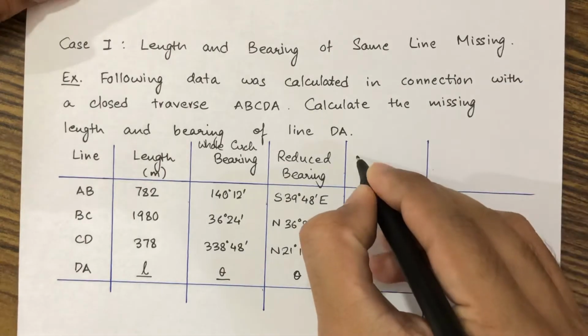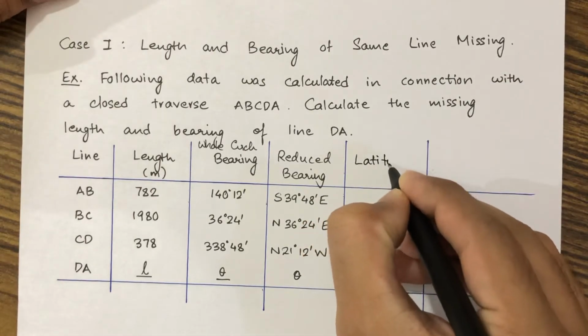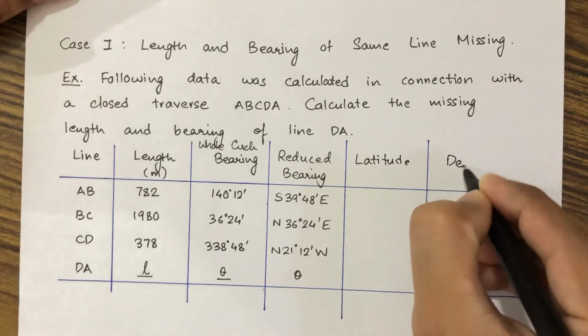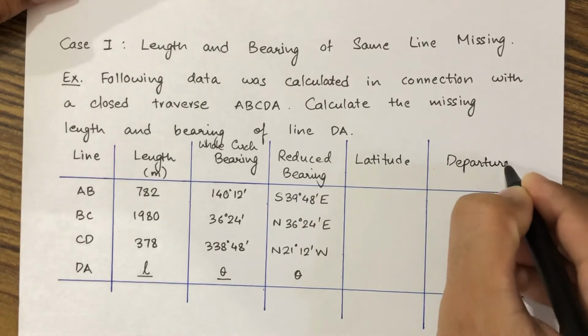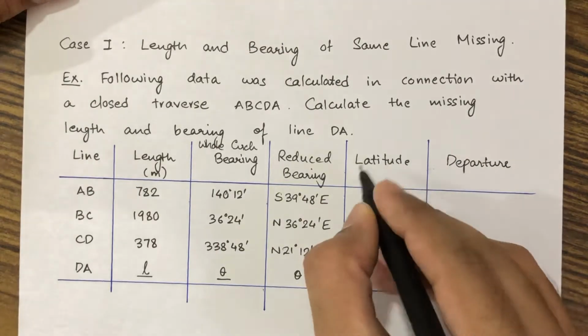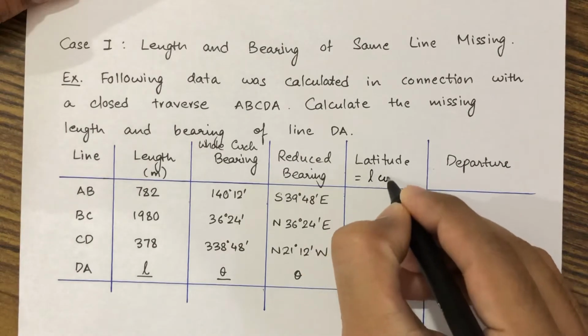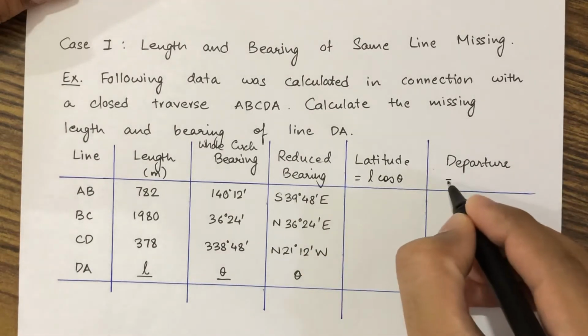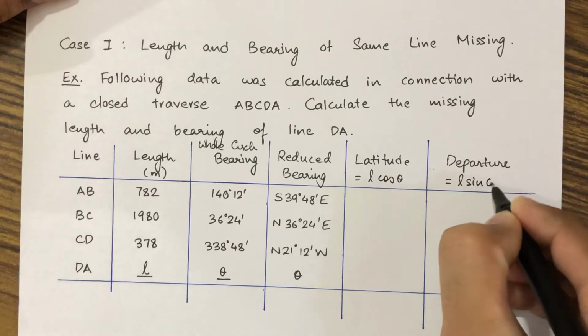Now we need to find the latitude as well as the departure. We know that latitude is given as L cos theta and departure is given as L sin theta.